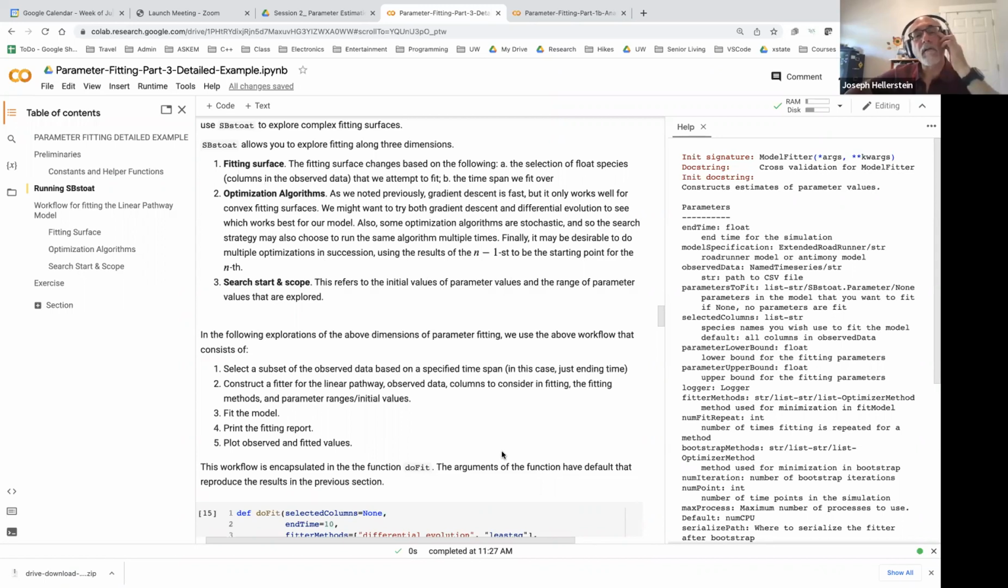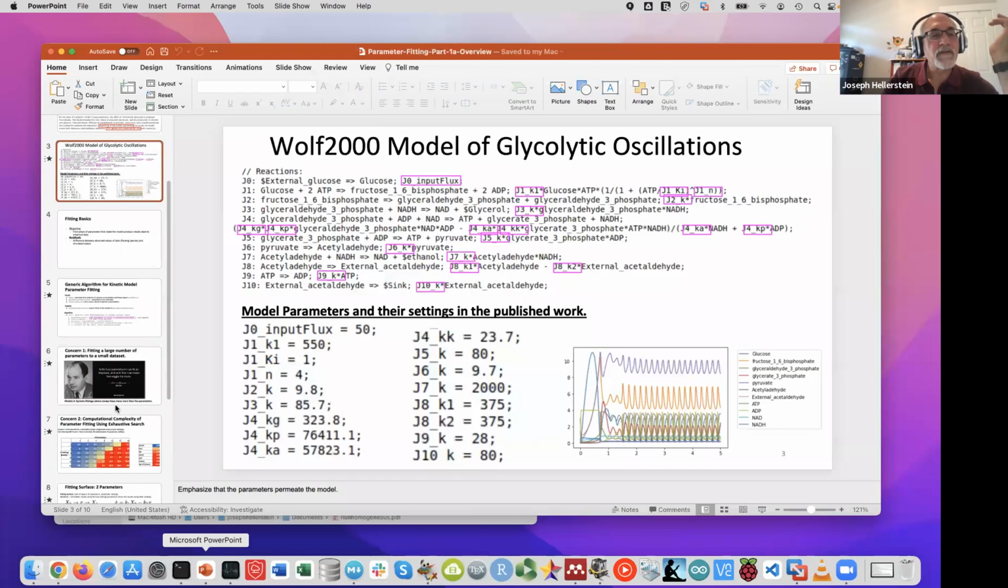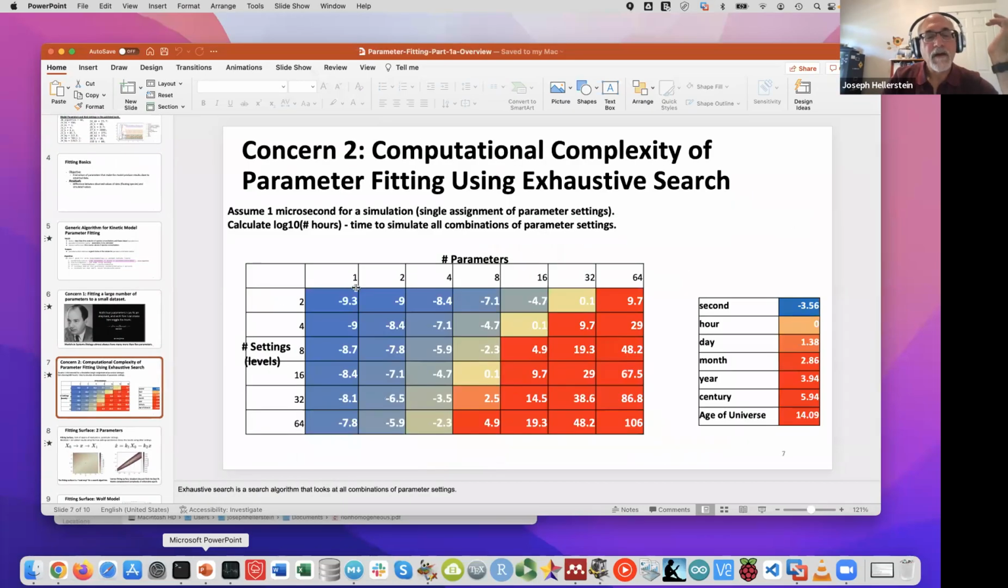One of the key things that makes this complex is what this chart is all about. I'll go back to this one more time. The primary considerations are the number of parameters and the number of different values you can consider for the parameters. If you can reduce the number of parameters, go from this red zone over here to something closer to blue, much better.